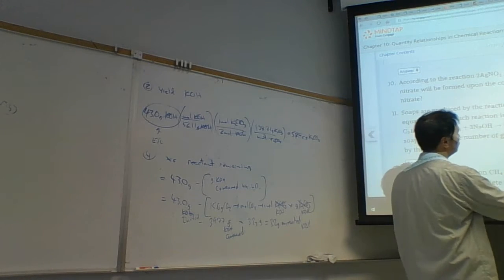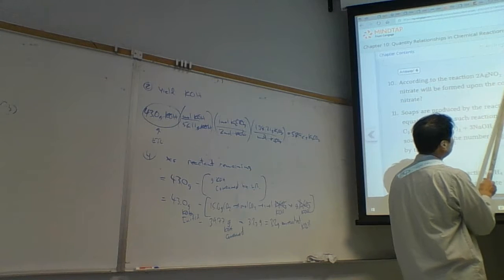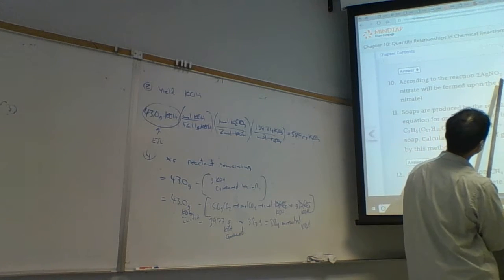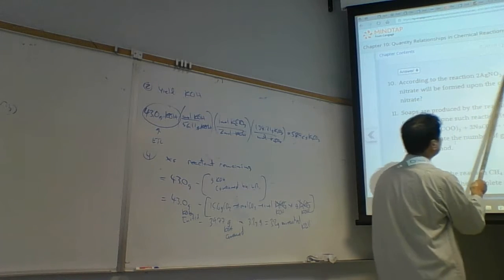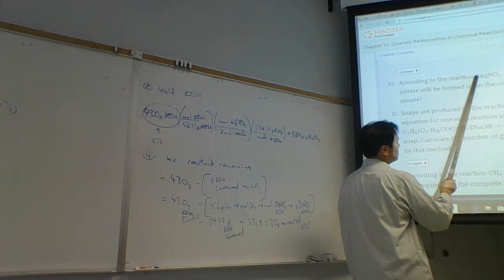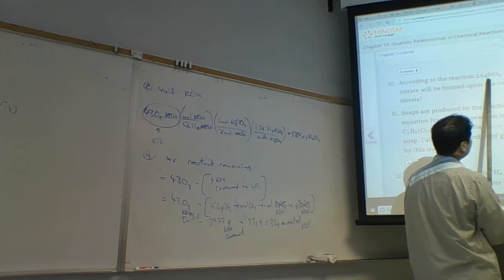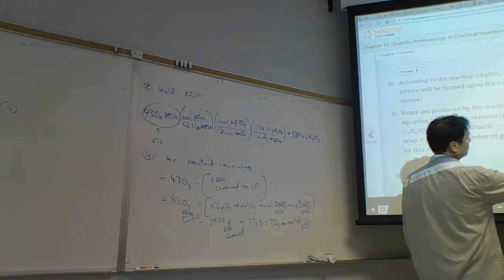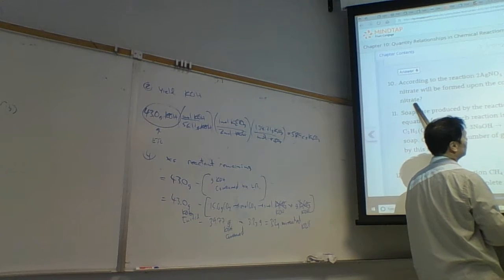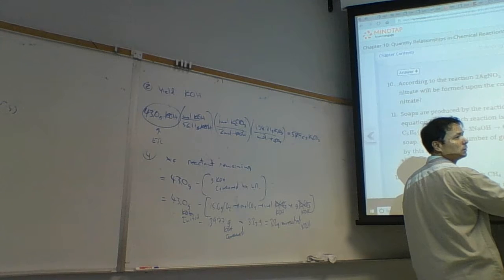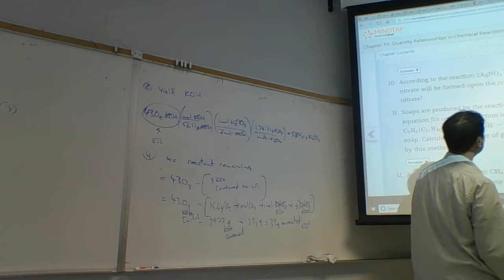For example, you're only given one ingredient. So we need copper and silver nitrate for this. Is this single replacement? Yeah, this is a single replacement type reaction. We're given the copper, but we aren't given the amount of silver nitrate. Instead, they say excess silver nitrate, and so the limiting reactant has got to be copper here. The other one's an excess.